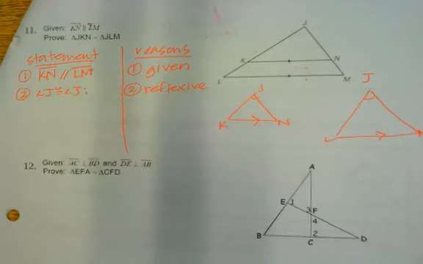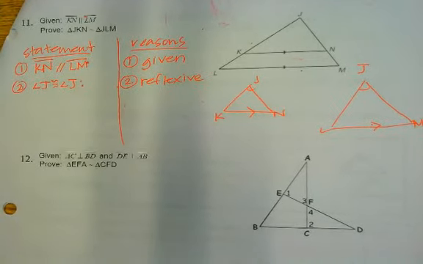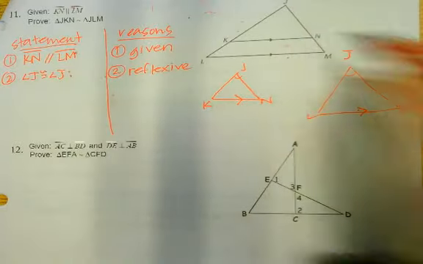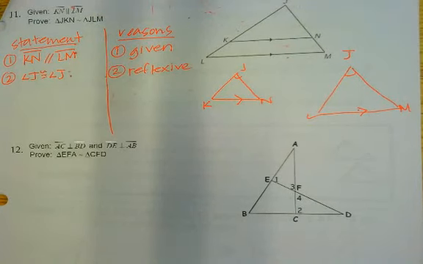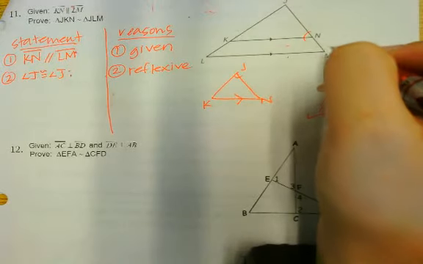Okay, what's another set of angles that are congruent? Why are M and N congruent? They're corresponding. Okay, but rather than saying M and N, J and K and JML.